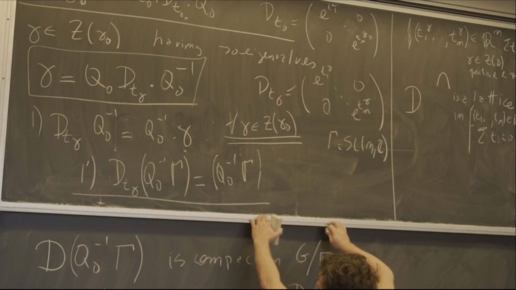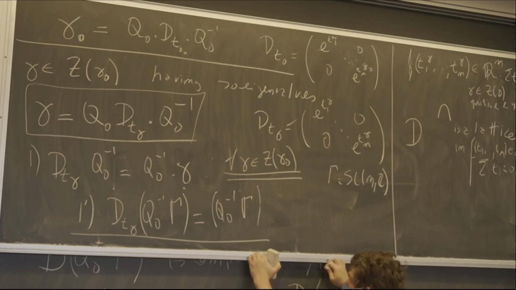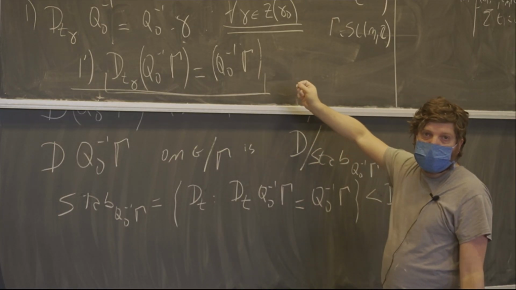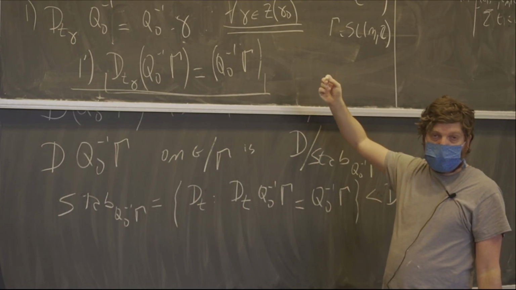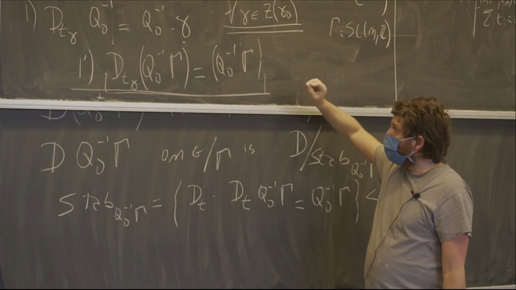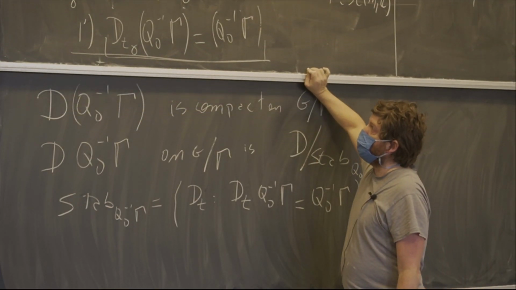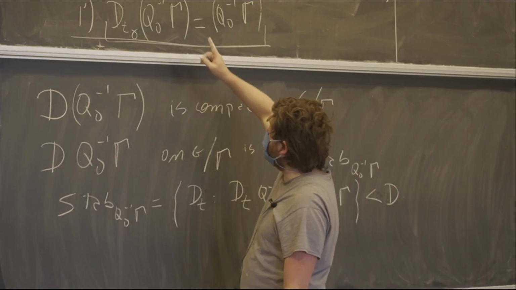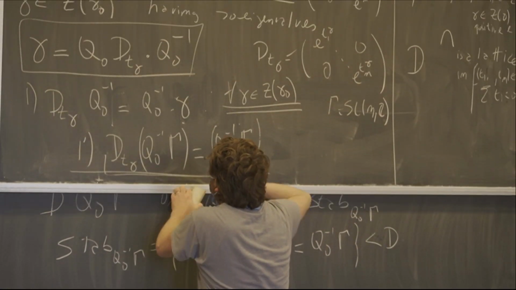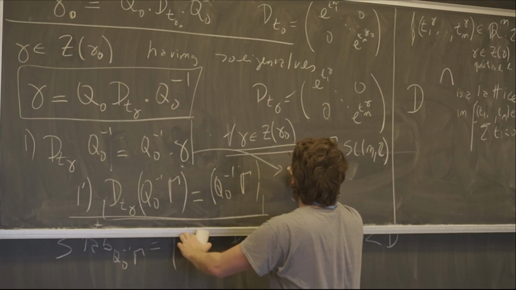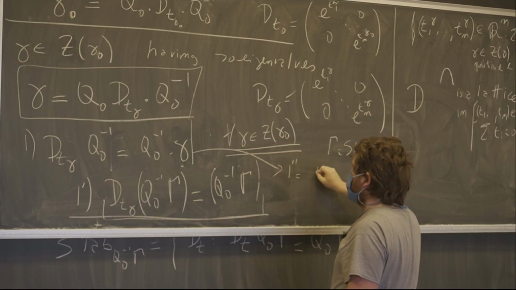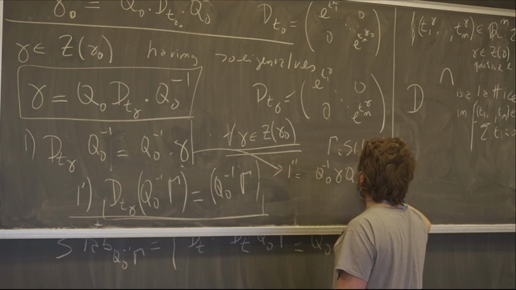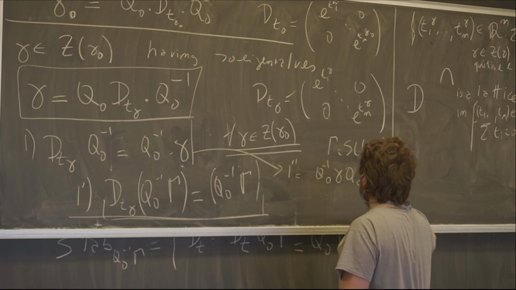And now is where this 1 prime comes in, because 1 prime is telling me when I can solve this equation. And actually I get even 1, which is better than 1 prime, for that matter, which tells me when I can solve this equation. And the answer, if you look at 1 here, I have 1 second, which is Q naught inverse gamma Q naught equals to dt gamma.